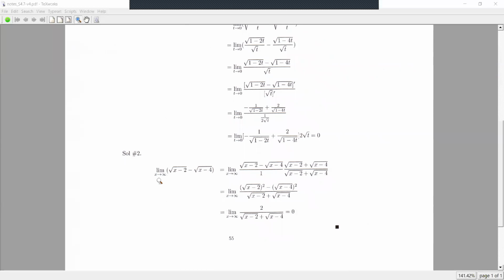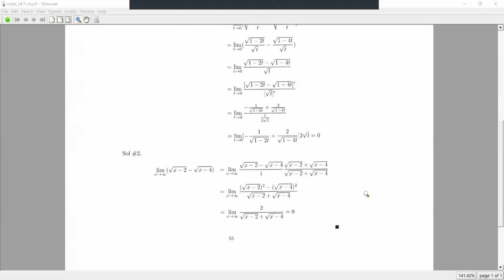Okay, now I want to find this limit. This is a minus b. So for a minus b, the algebraic conjugate is a plus b. So multiply the numerator by a plus b. At the same time, multiply the denominator 1, which I can view as a fraction, by the same thing, a plus b.